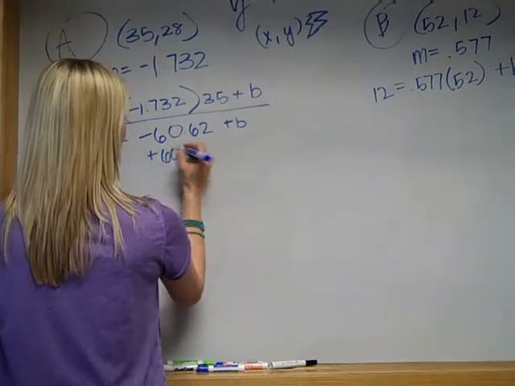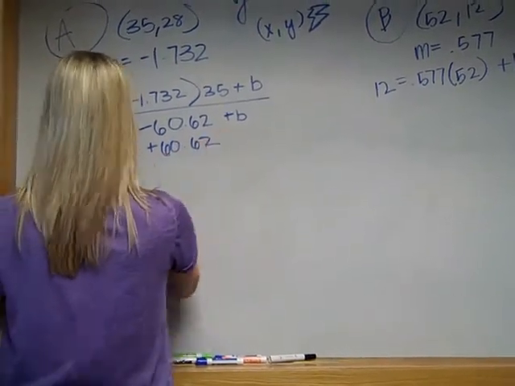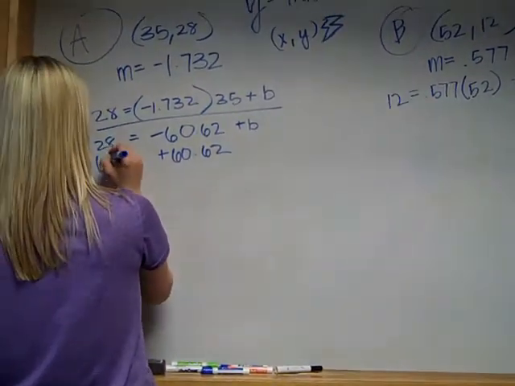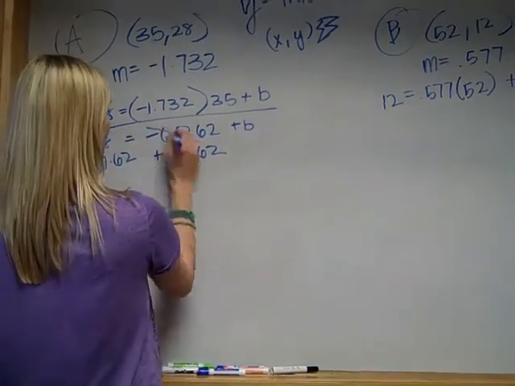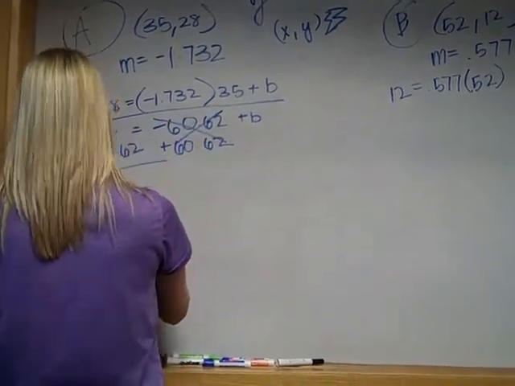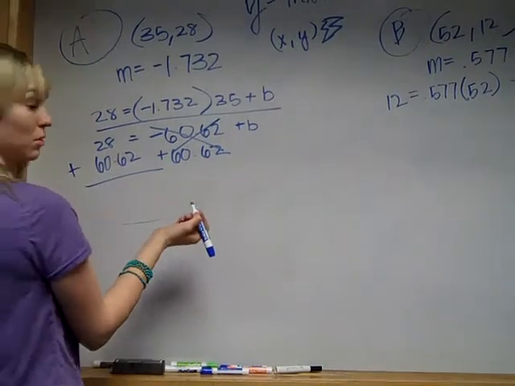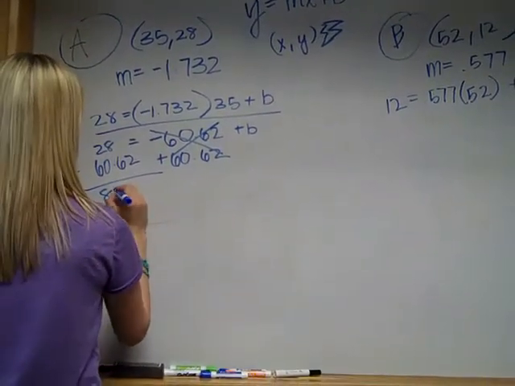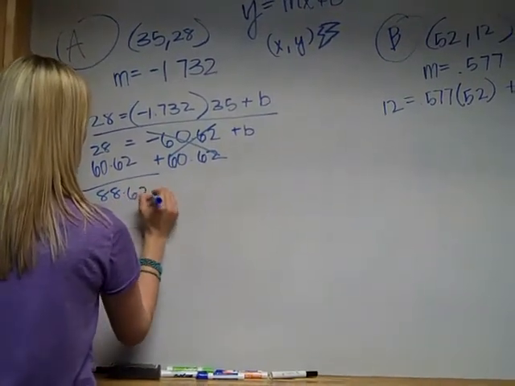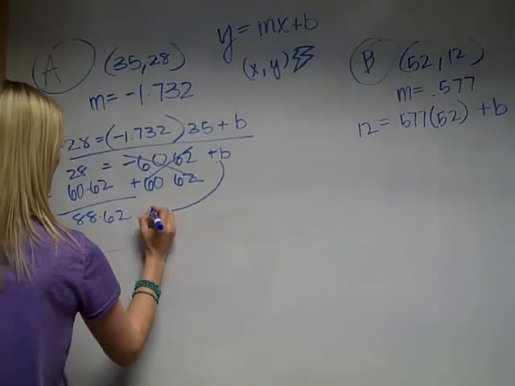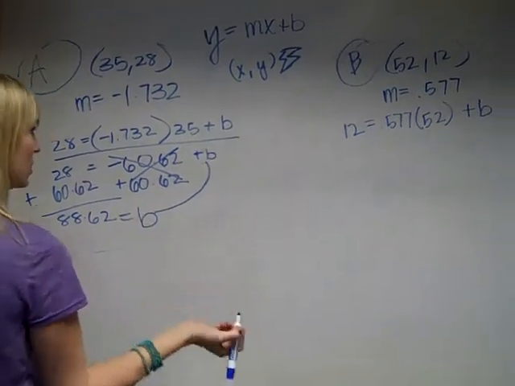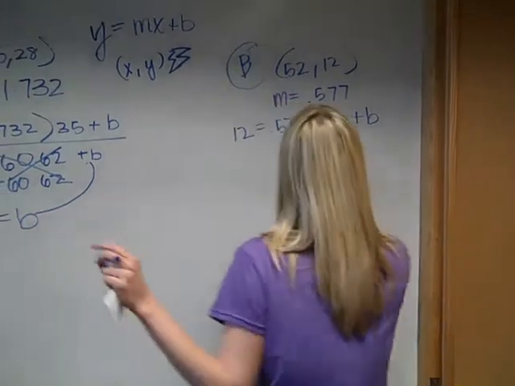Now we're going to add 60.62 to each side. This cancels out, and we are left with 88.62, which equals b. So we've got b for that one.